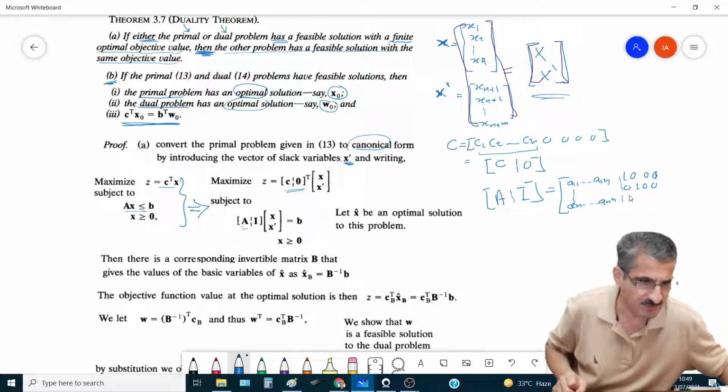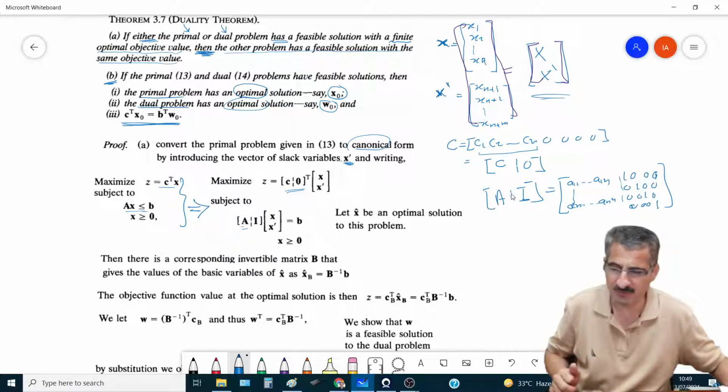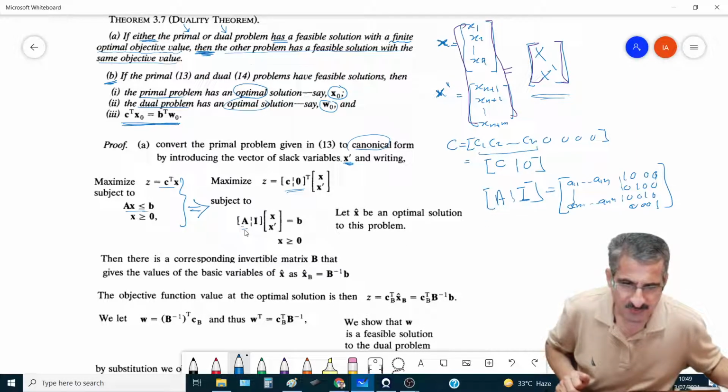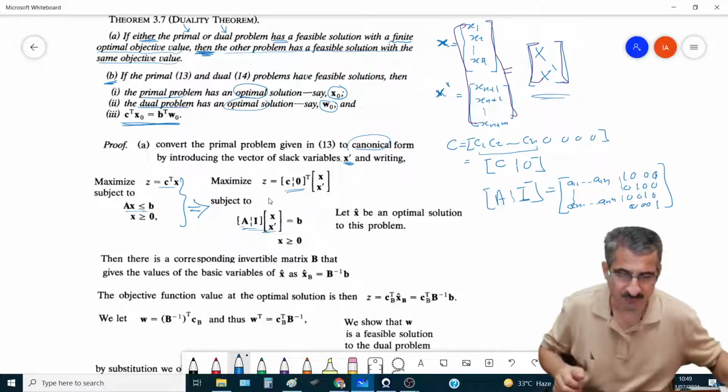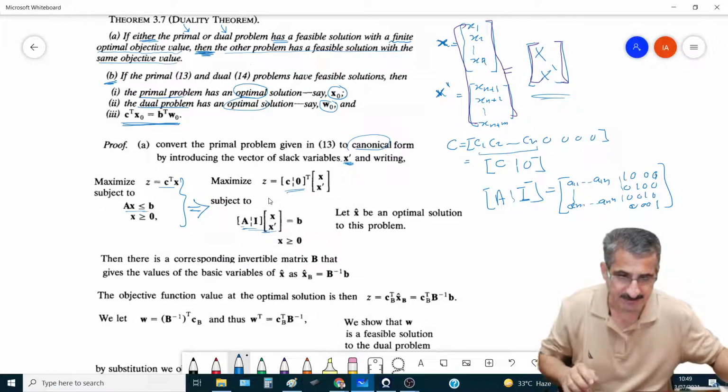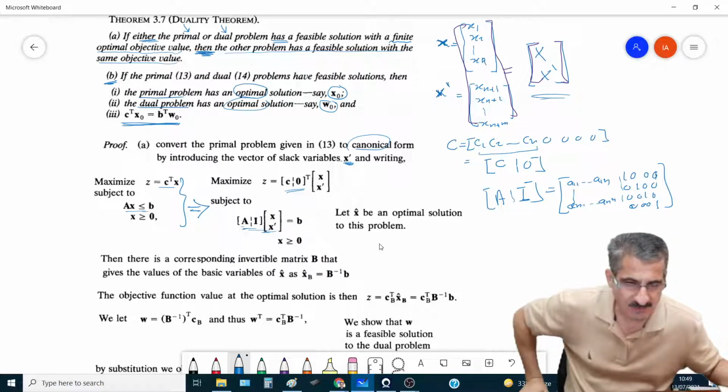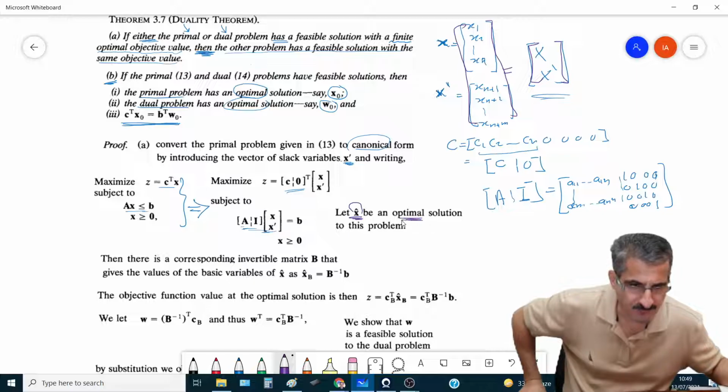We used to write it this way, assuming we have 4 columns here. Okay, something like that. So you are familiar now with these notations. Okay, so converting to the canonical form, we are writing it using matrix notation.